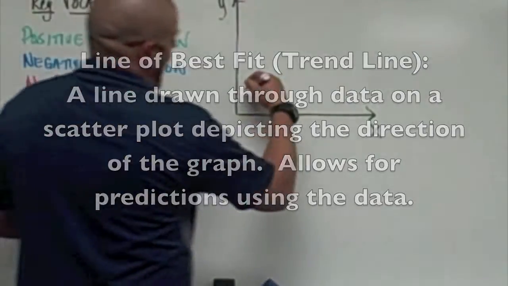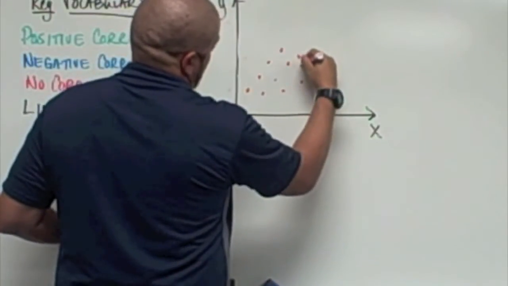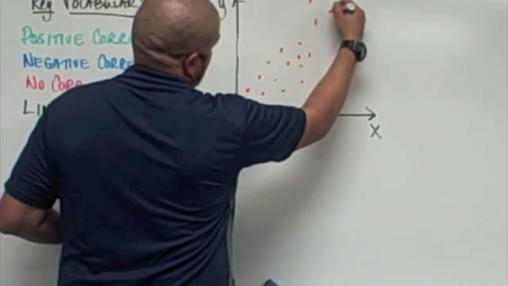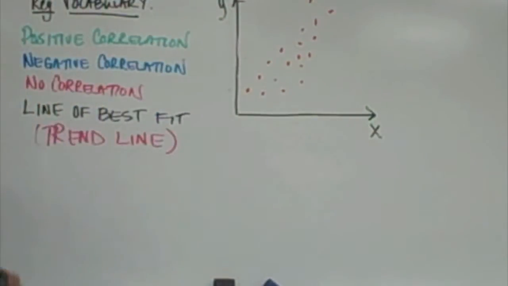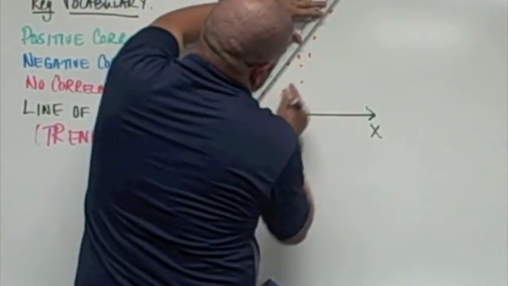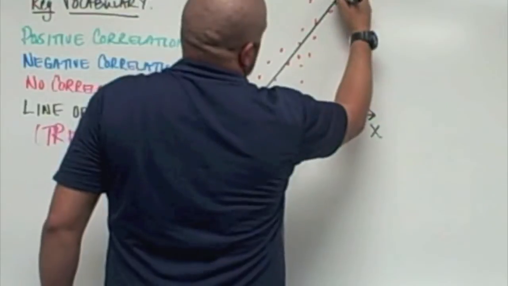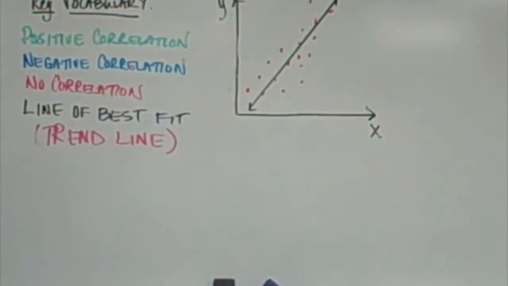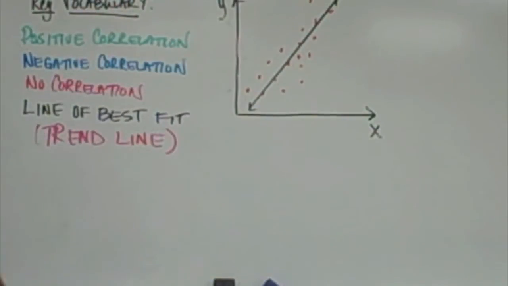What we would do is we would take our data, our scatter plot, okay, and then what we do is we would draw a line, what we call a line of best fit, through that data where that line touches or gets close to as many points as possible. So here, I'm going to draw a line kind of in the middle of all that data, and that becomes our line of best fit. Okay? Most of the dots are centralized around that line. So this is my line of best fit.